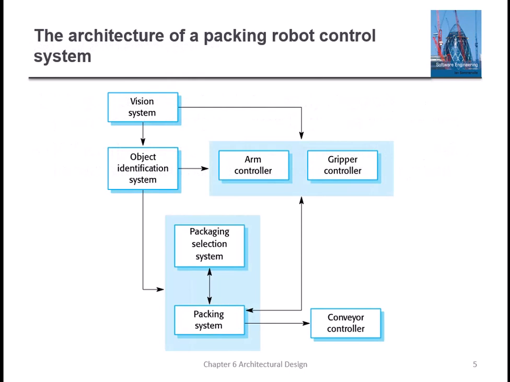This is an example of the architecture of a packing robot control system. Here we have a vision system, then the object identification system, then we have two arrows, one towards this and one towards this, and similarly one arrow towards this, and these are also two arrows.